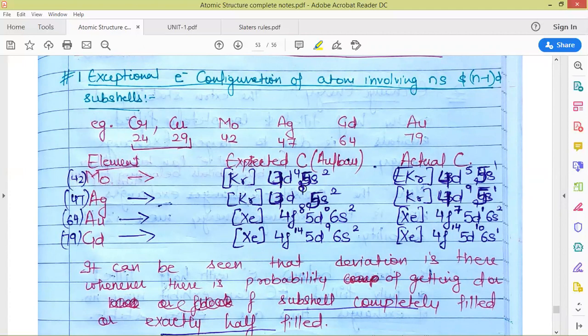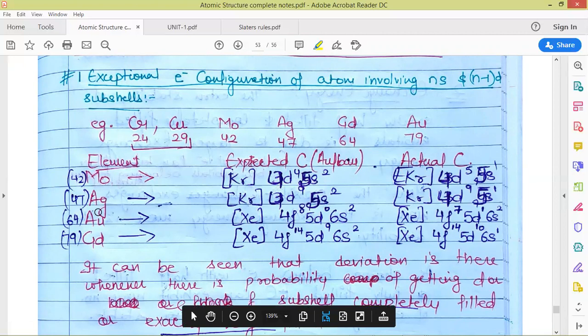Here the electronic configuration expected after krypton, a noble gas with atomic number 36, should be 4d4 and 5s2, based upon the sequence we followed while filling the electrons for chromium. But in actual, one of the 5s electrons shifts to the 4d orbital and it becomes 4d5.